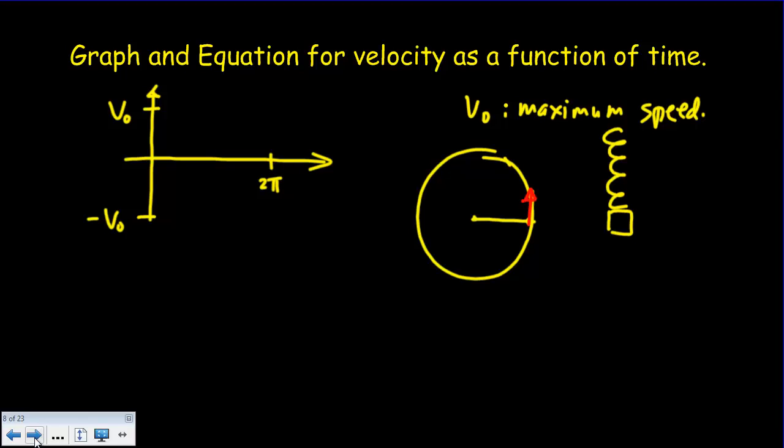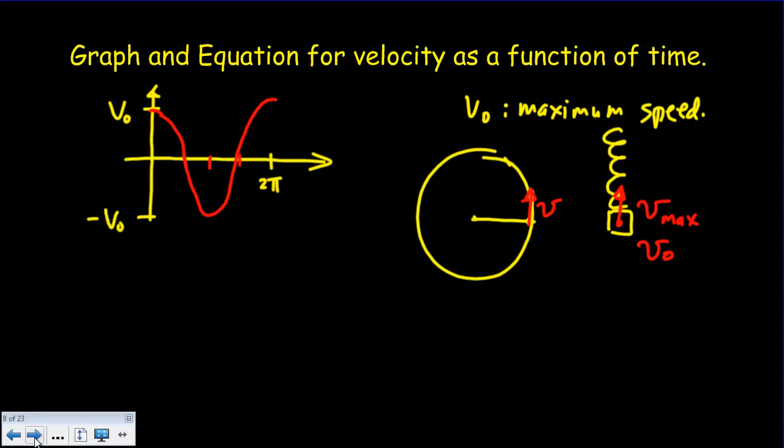Now, the speed here has to be exactly the same as the speed right here, because we know that the particle in uniform circular motion always parallels the particle in simple harmonic motion. So whatever our speed was in uniform circular motion, that's going to equal our maximum speed, or V naught, our maximum speed in simple harmonic motion. And so we're starting at t equals 0 with a maximum speed. And then we're just going to trace it out.